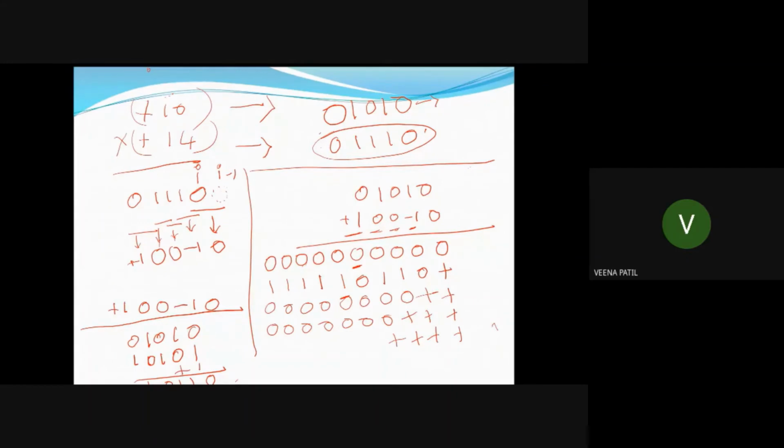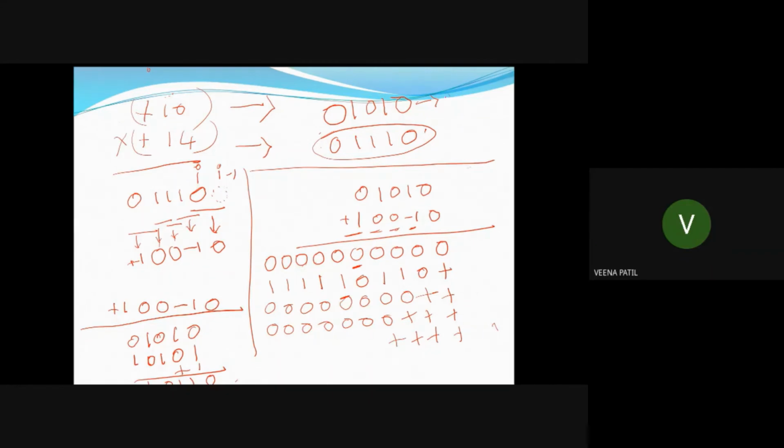What am I supposed to do if it is +1? Are you people listening? If it is +1, what am I supposed to do? Add the multiplicand as it is to the partial product.